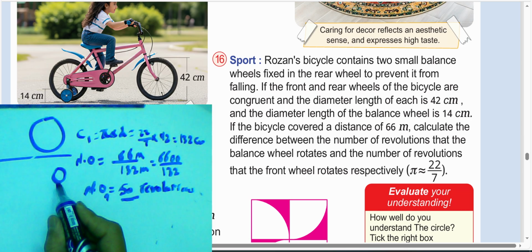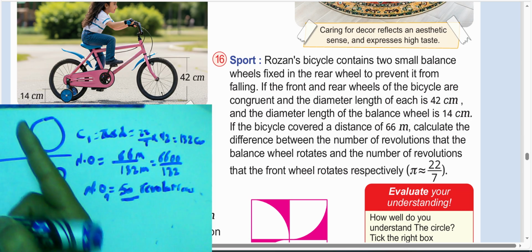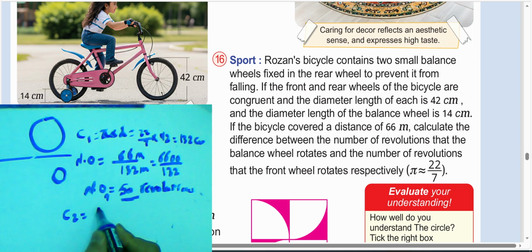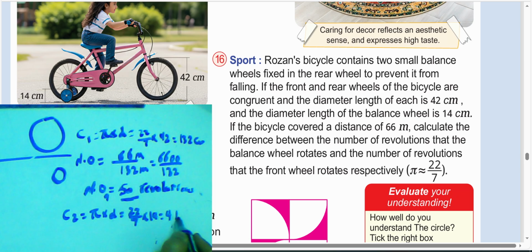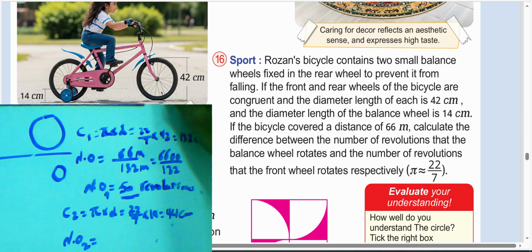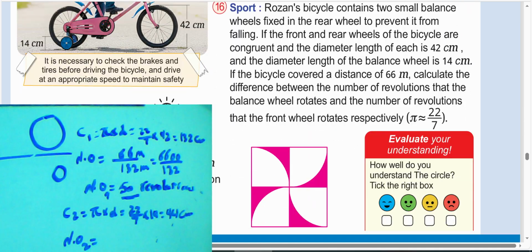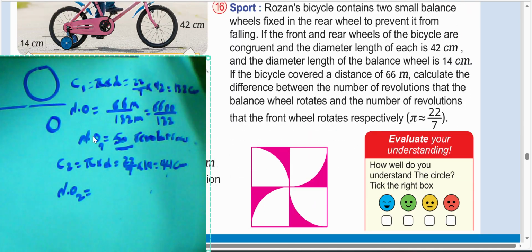And what about the small wheel here? Circumference number 2 equals π product by D. He gives me diameter 14. Then we have 22 over 7 times 14. 14 divided by 7 is 2, 2 times 22 is 44. 44 centimeters. Then the number of revolutions number 2 about the second wheel, we can write 66 meters divided by circumference 2.